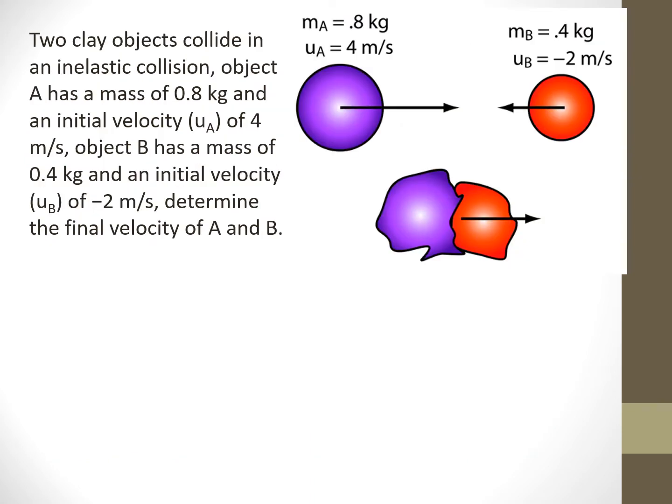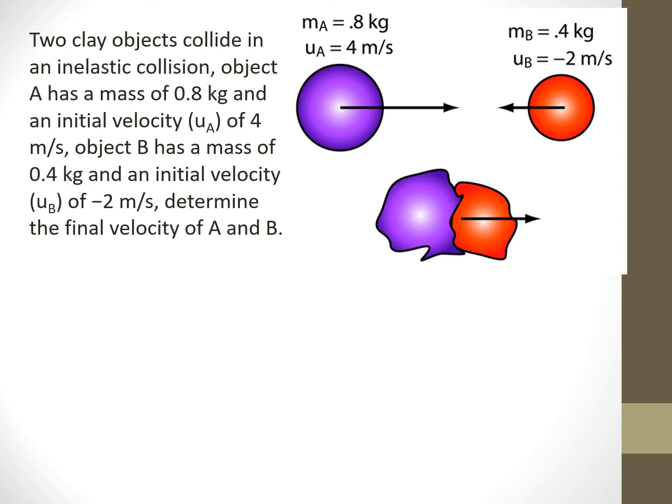Let us now have the second problem. Two clay objects collide in an inelastic collision. Object A has a mass of 0.8 kg and an initial velocity UA of 4 meters per second. Object B has a mass of 0.4 kg and an initial velocity UB of negative 2 meters per second.